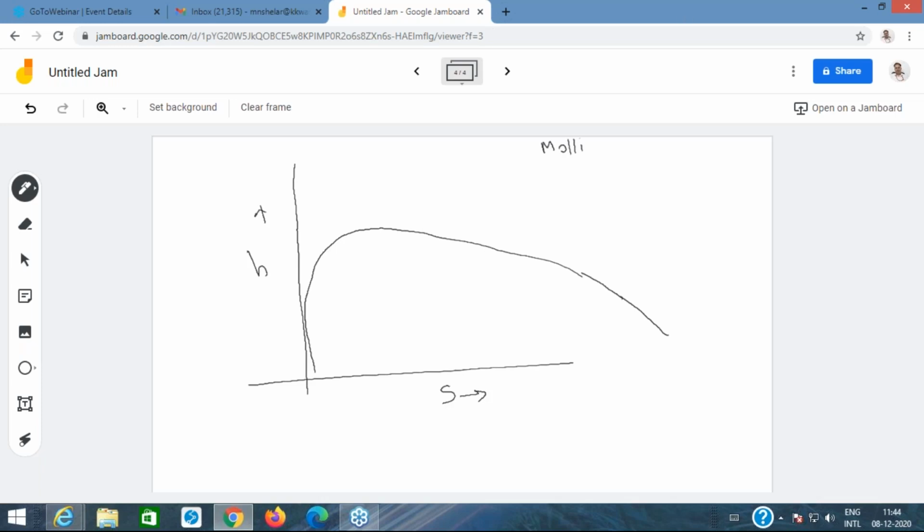And the constant pressure lines on the enthalpy entropy diagram are diverging. This is how the constant entropy line looks. So this is a constant pressure line. Let us say this is a boiler pressure line, and let us say this is a condenser pressure line.